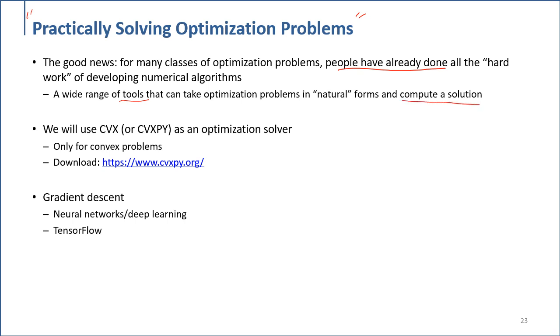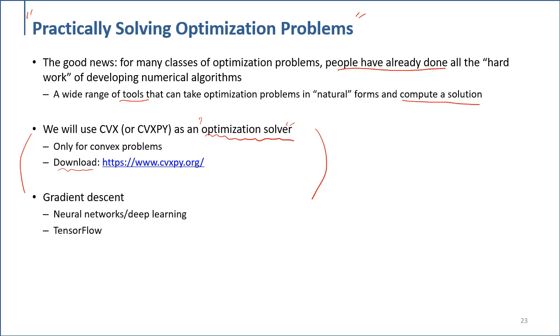So what we need to do is just learn the basics of gradient descent theory, and use the optimization solvers that people have already developed. Simply by downloading an optimization solver, you are able to implement this optimization.